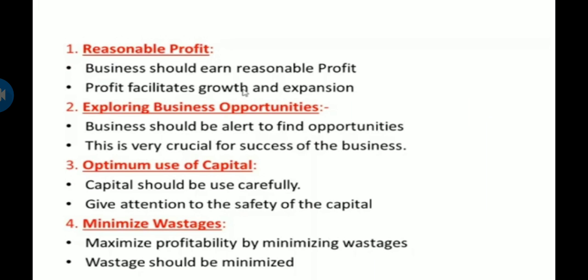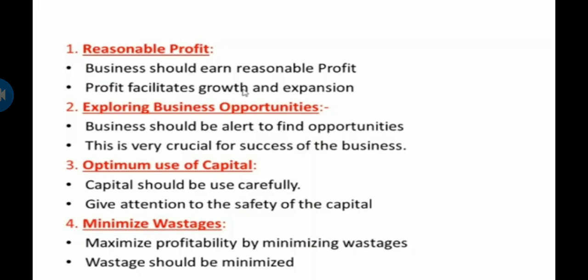All these activities which are beneficial for the business are important for the success of any business. That's why it is so important to explore new business opportunities. Opportunity is the scope available for a business unit to expand, grow, and diversify the business.